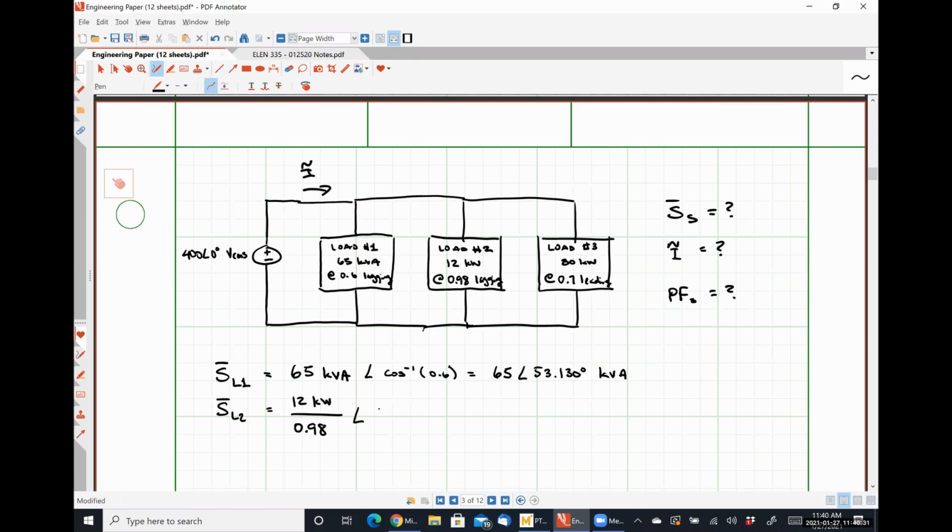For my angle, I will simply take the inverse cosine of my power factor, so inverse cosine of 0.98. And this is going to give me 12.245 with an angle of 11.478 kilovolt amperes.